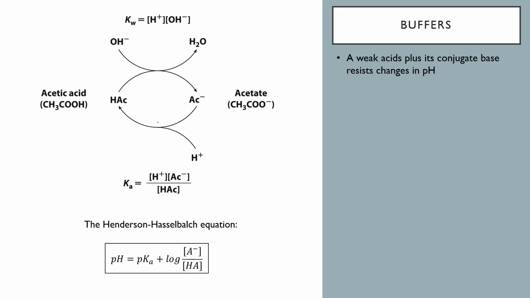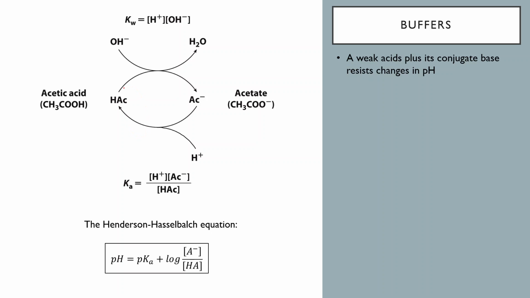That means if you add, let's say, protons, so you try to lower the pH by adding a strong acid, then those protons, when you first add them, will react with the acetate and drive this equilibrium to the left. So it'll convert the acetate ion, the conjugate base, back into acetic acid. So instead of actually increasing the proton concentration, all you're doing is increasing slightly the concentration of acetic acid.